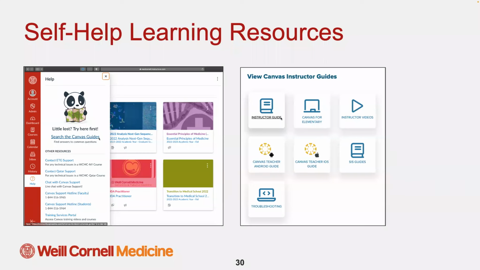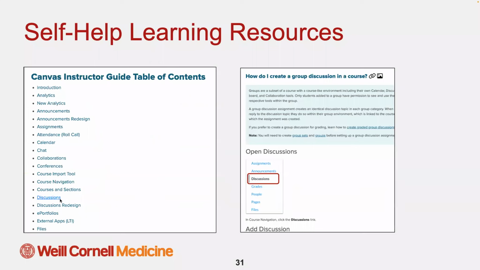So just to see a little bit of what that would look like, if you selected the instructor guide, you would be brought to the next screen, which will show you a table of contents for that guide. If you wanted discussions, you could pull that up, and you'd probably get another large list of subtopics under discussions.